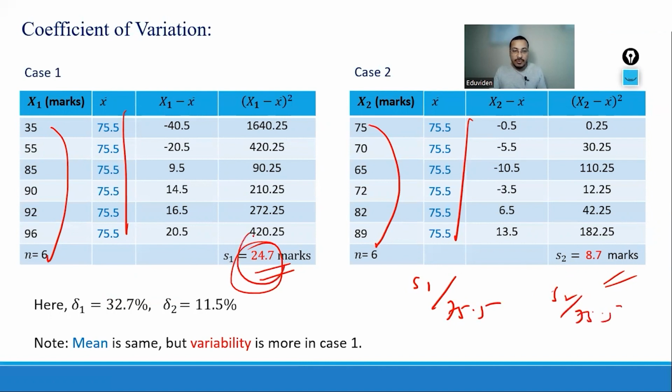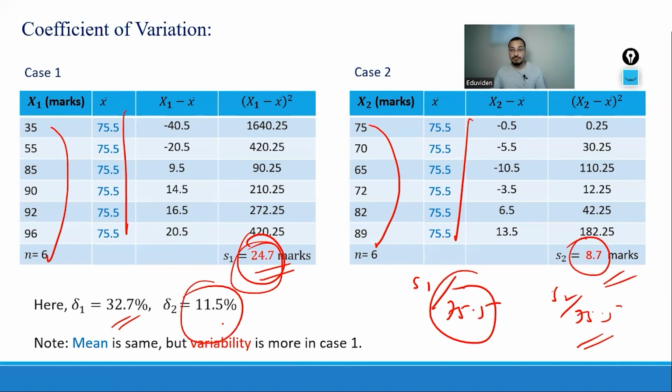So 24.7 divided by 75.5 accounts for 32%, whereas 8.7 divided by 75.5 is 11.5%. This was easier because the mean was the same. So although the mean was the same, we can have distributions where the standard deviation or the variance captured in both data sets is different.